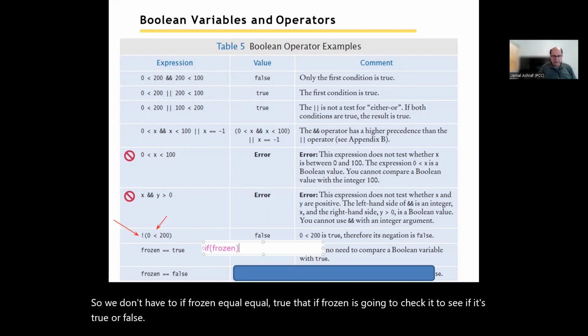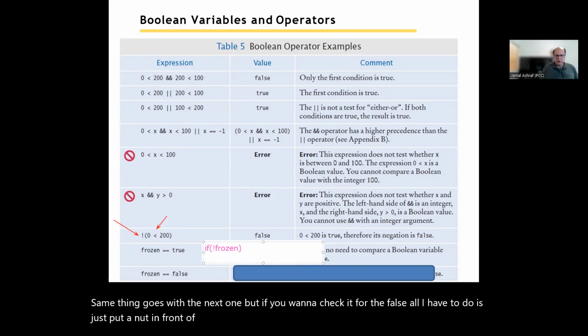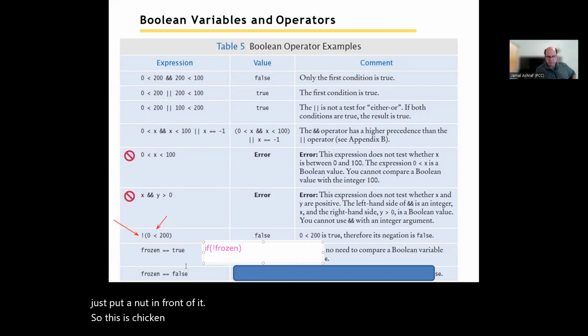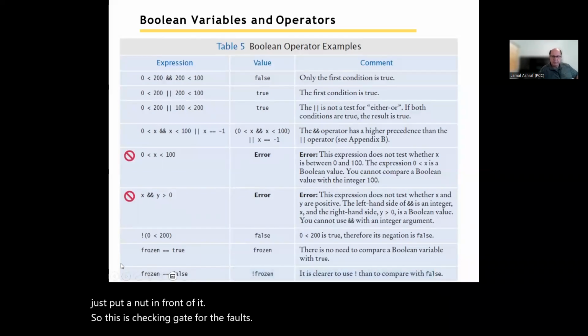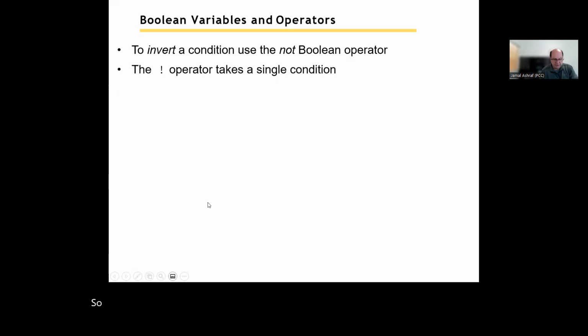Same thing goes with the next one, that if you want to check it for the false, all I have to do is just put a not in front of it. So this is checking it for the false. So not is going to invert it.